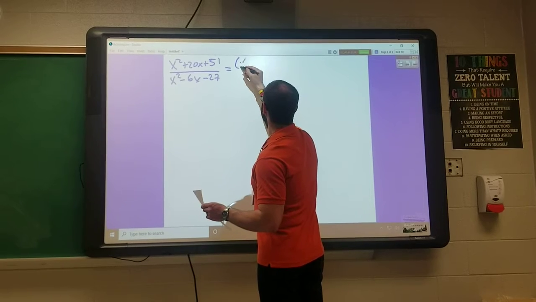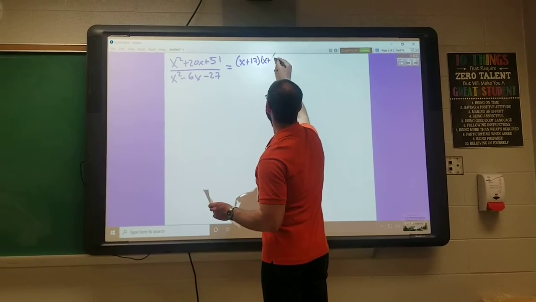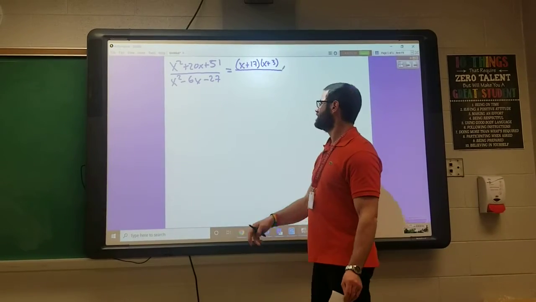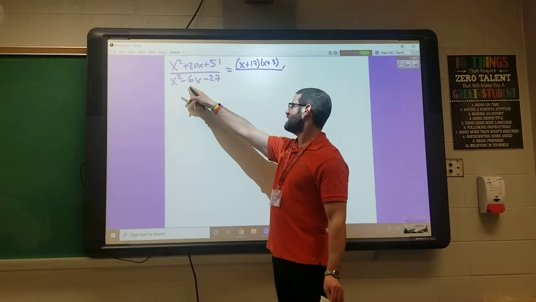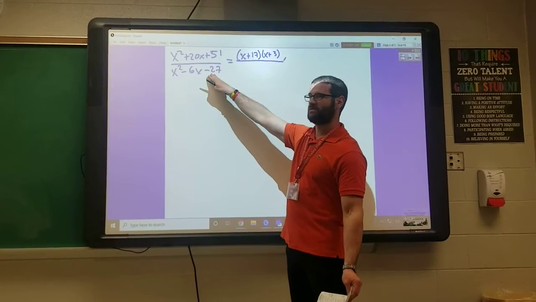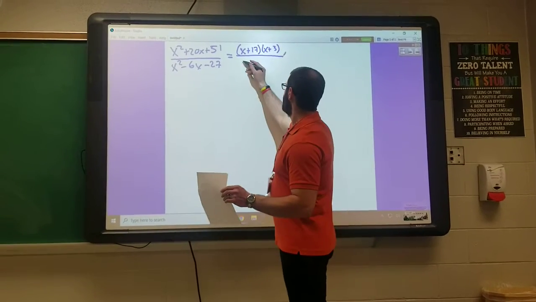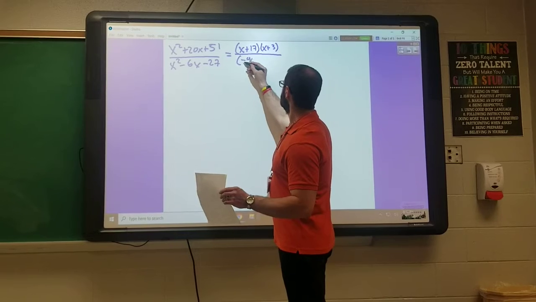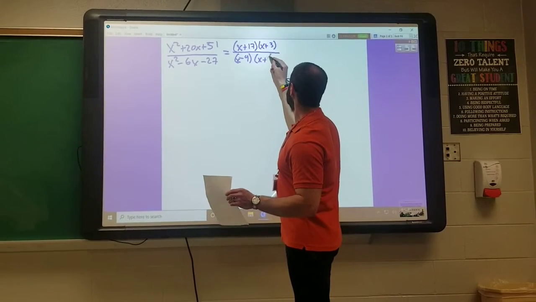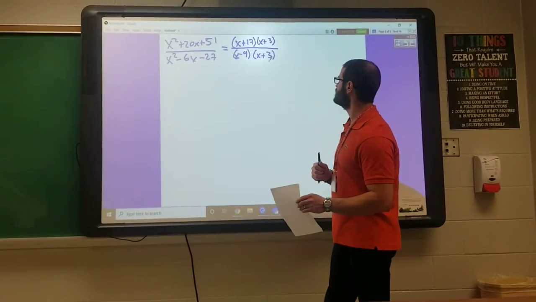So I'd have x plus 17, x plus 3 on top. On the bottom, I want factors of negative 27 that add up to negative 6, and of course I'd have to have one positive, one negative, since this is a negative number at the end here. So we're looking at x minus 9 and x plus 3, right? Those add up to negative 6, multiply to negative 27.